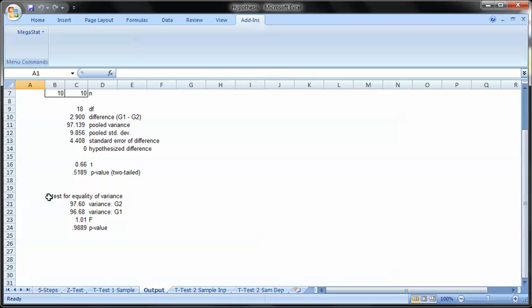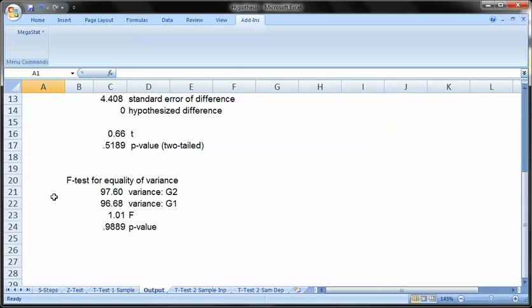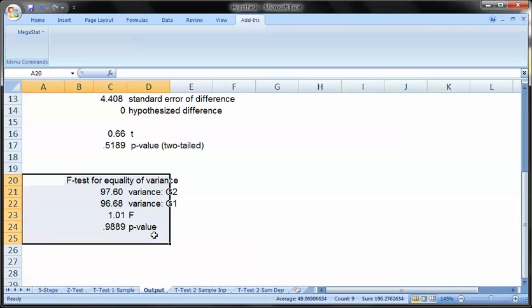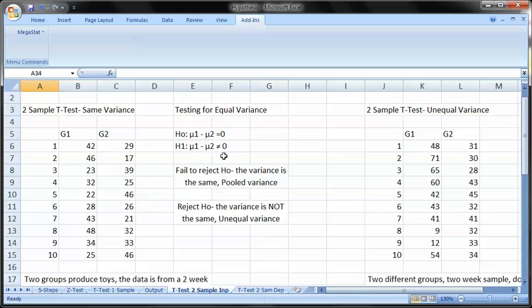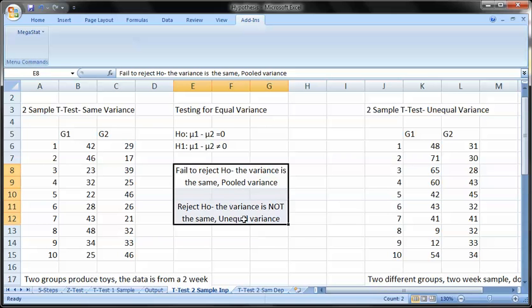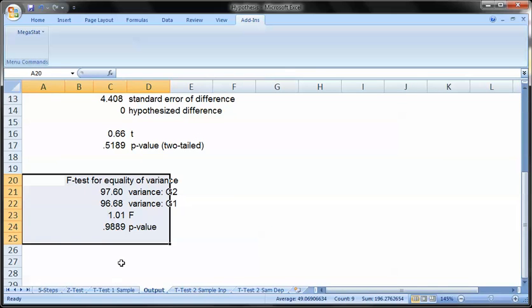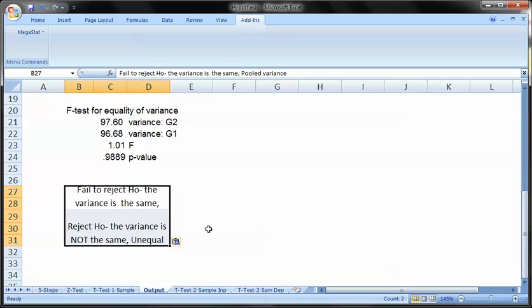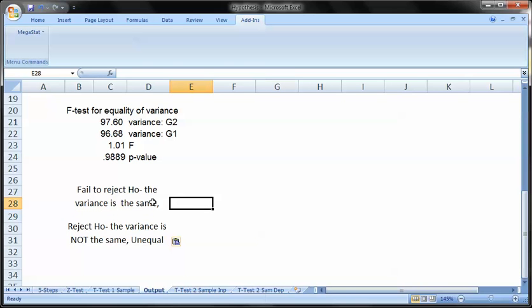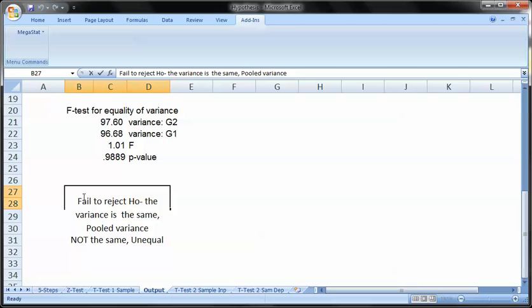All right, so we're looking at the results, and the first thing we want to look for is this. Just as a refresher, let's highlight this information. If we fail to reject the null, the variance is the same. If we reject the null, the variance is not the same. So we would have pooled variance.